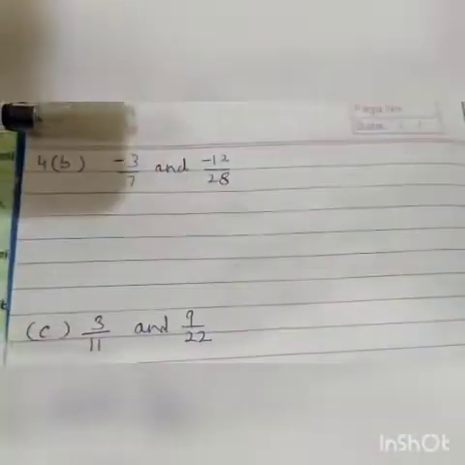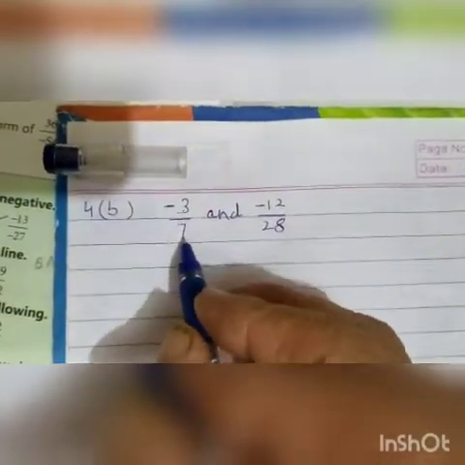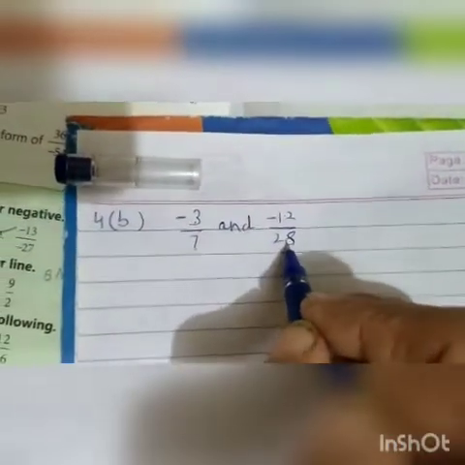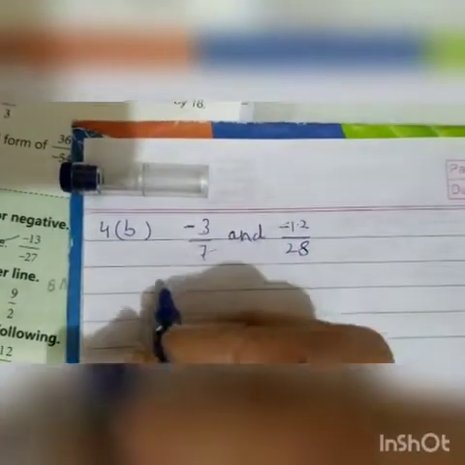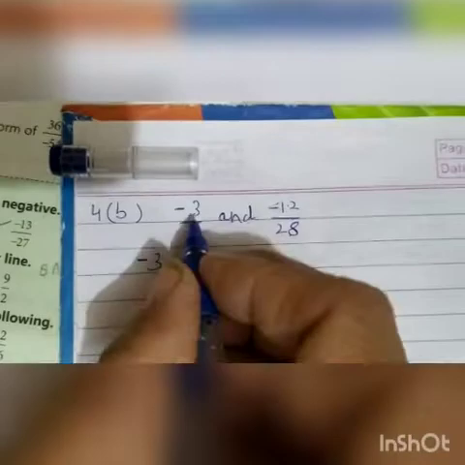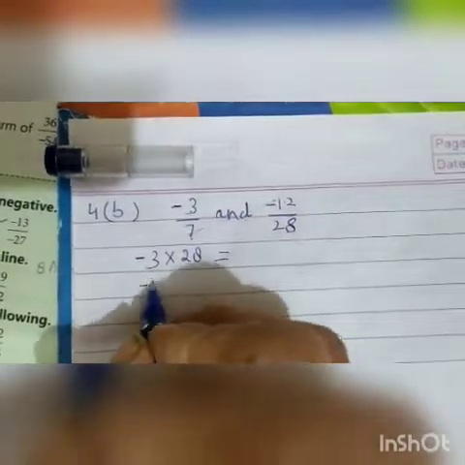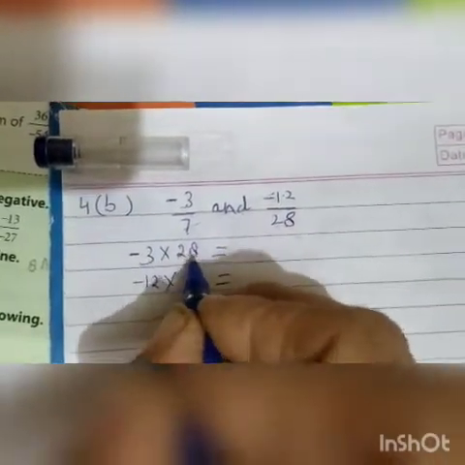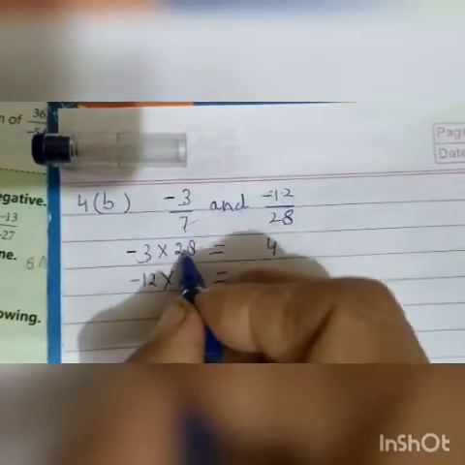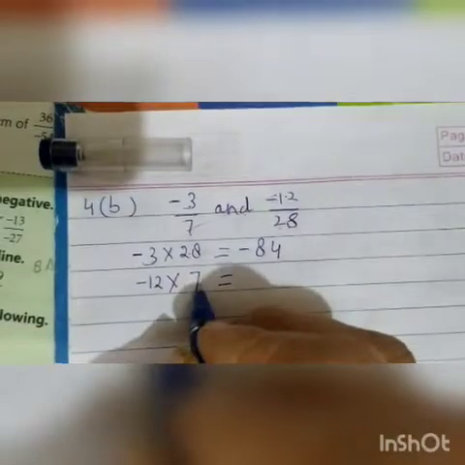Now come to next part, B part. Yes, fourth B part is minus 3 upon 7 and minus 12 upon 28. Again we will do cross multiply like this. So minus 3 will be multiplied by 28 and minus 12 will be multiplied by 7. Multiply this one, 3 eights are 24, carry 2, 3 twos are 6 and 2, 8. It will be minus 84 and 12 sevens are 84.